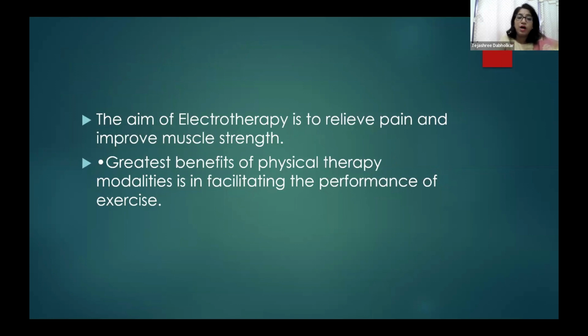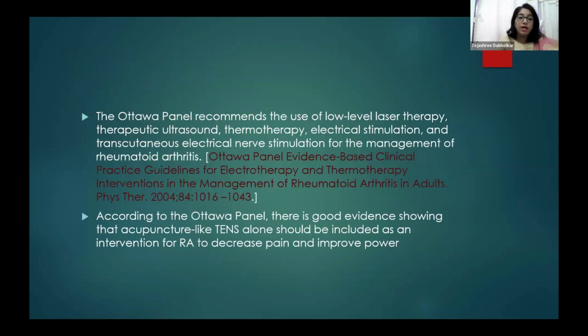Electrotherapeutic modalities for the upper quadrant have a better benefit for better performance. It was seen that specifically in the upper quadrant, there are a few literatures available on low-level laser, ultrasound, thermotherapy or electrical stimulation, which are used for the upper quadrant, and have given better results.